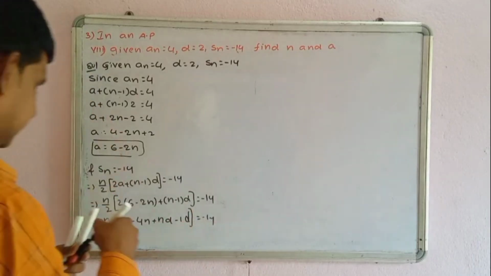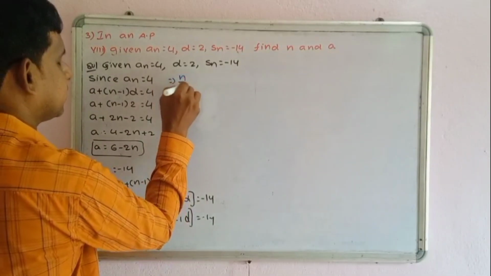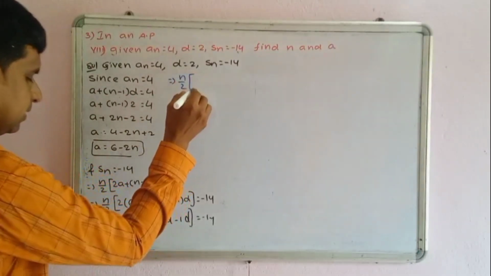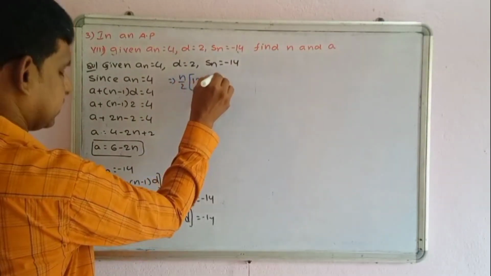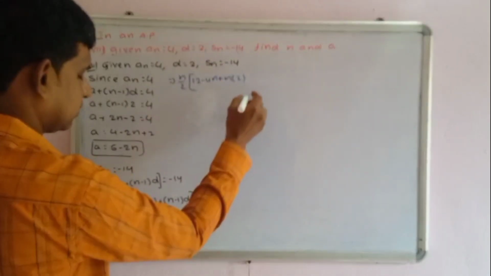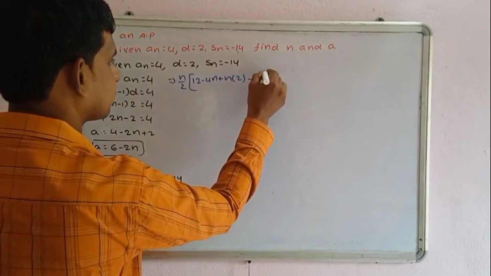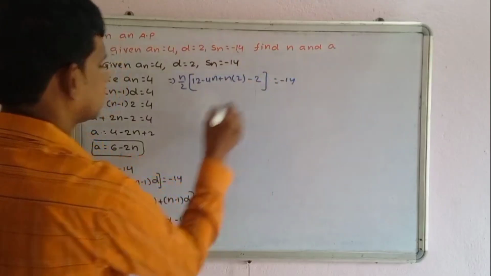So n by 2, 12 minus 4n plus n, d value 2, minus 1 into d. 1 into d is d, so d value is 2, equals minus 14.